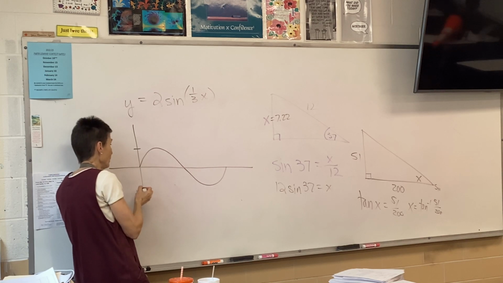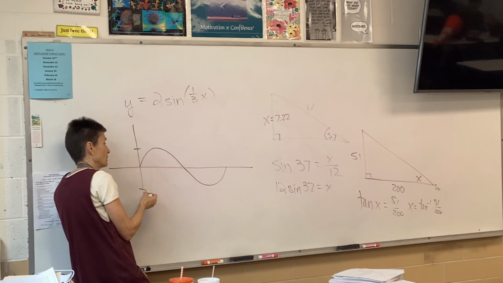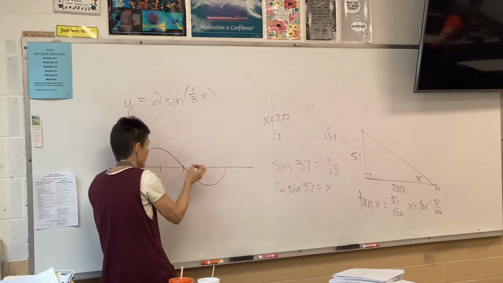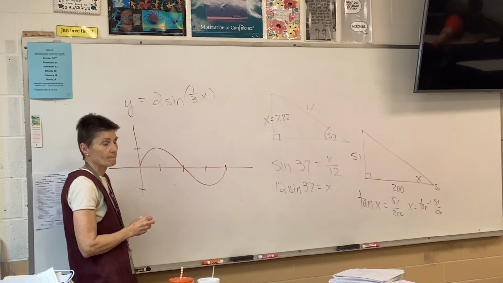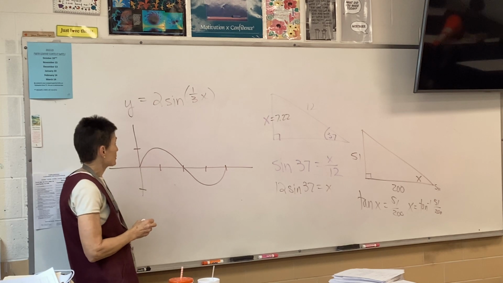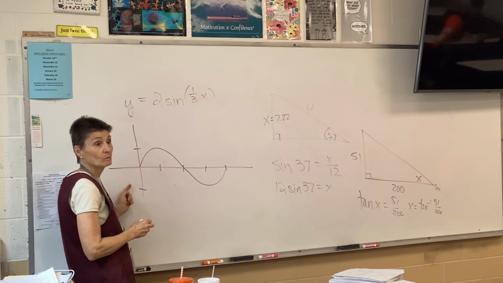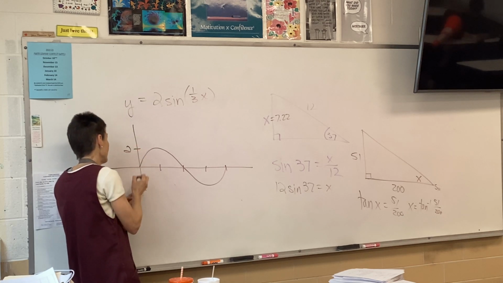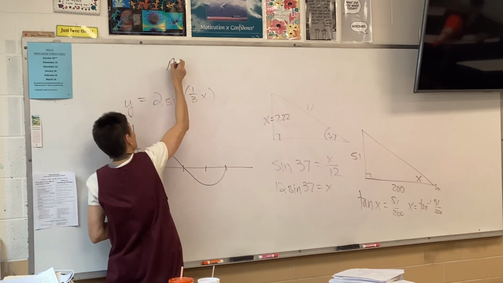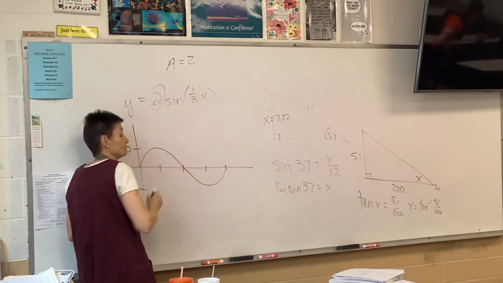Now we're going to label the high and low. We have to label here, here, here, and here. So, tell me about high and low. 2 and negative 2. The amplitude is 2.